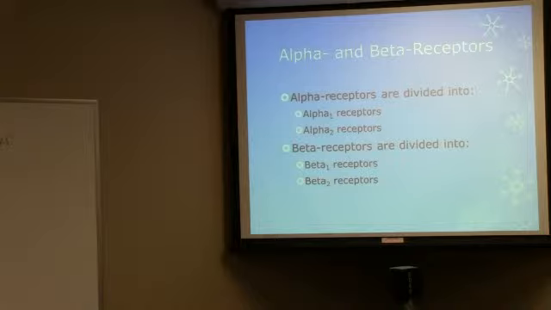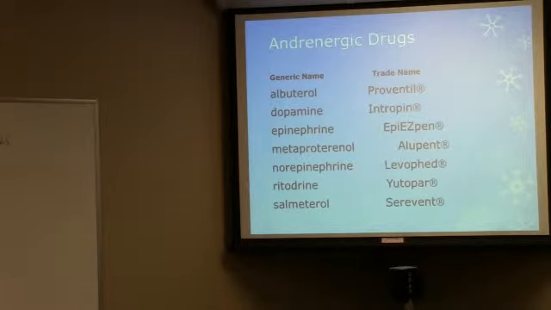I already mentioned this from the book and from the chart, the alpha receptors divided into alpha 1, alpha 2, beta is divided into beta 1, beta 2. You know where they're located, you know the responsibilities of those receptors. Next term we'll be throwing drugs at these receptors. Well, we throw some drugs today, but we'll be really talking about those drugs next term.